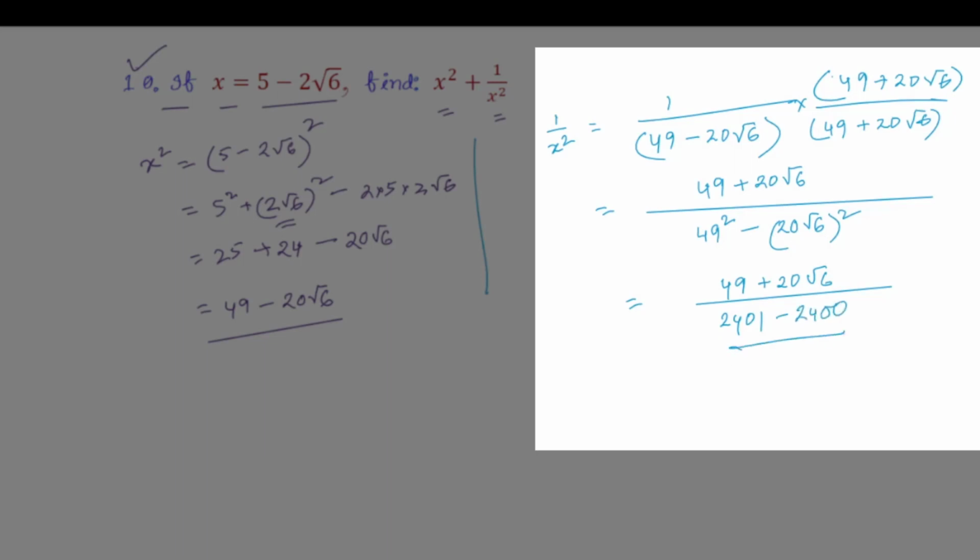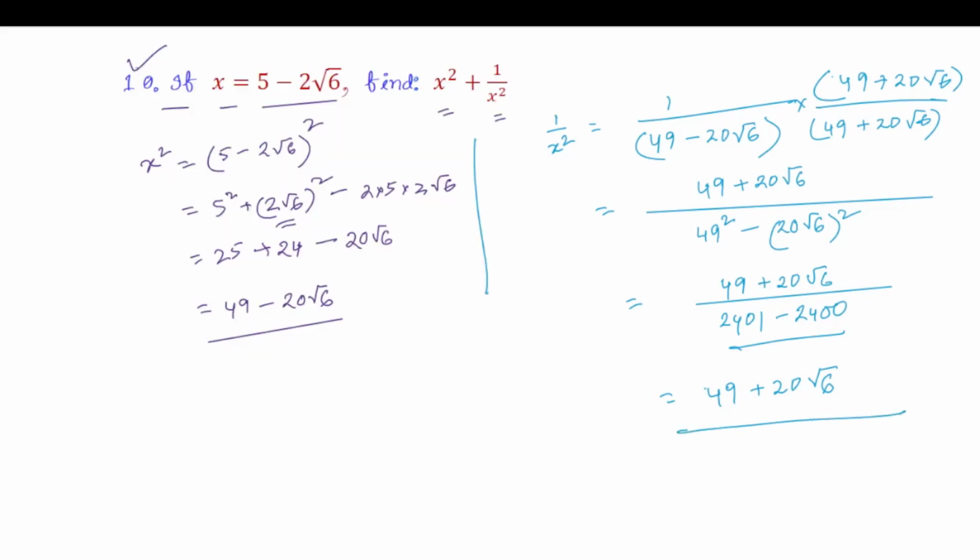So this will be 1. So we get 49 plus 20 root 6. This is 1 upon x whole square.